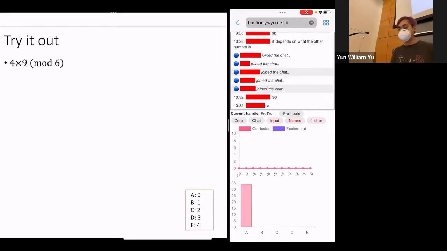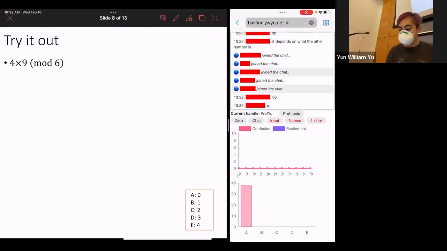Okay, so a lot of people are answering 0, and that is indeed correct. And let's see this. So this is equivalent to 36 mod 6, which is equivalent to 0 mod 6. That's just divisible by 6. Or you could also see this a different way. This is equivalent to 4 times 3 mod 6, which is equivalent to 12 mod 6, which is equivalent to 0.